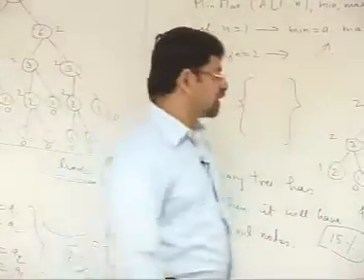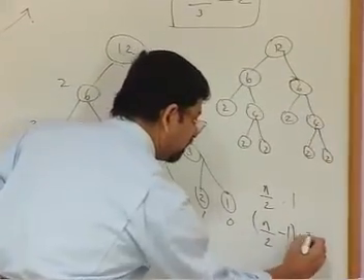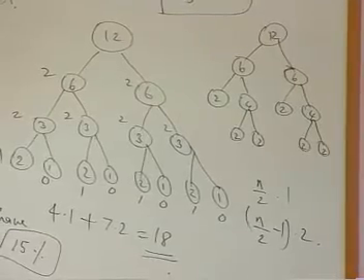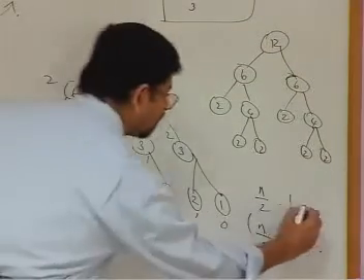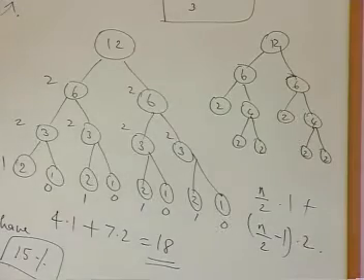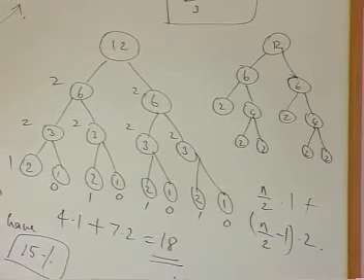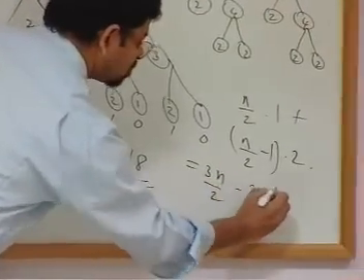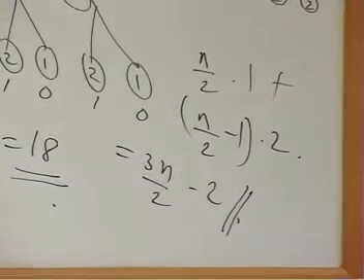The number of internal nodes will be n by 2 minus 1. On behalf of each internal node you are going to perform two comparisons. So what is the total number of comparisons? n by 2 into 1 plus n by 2 minus 1 into 2, which is equal to 3n by 2 minus 2.